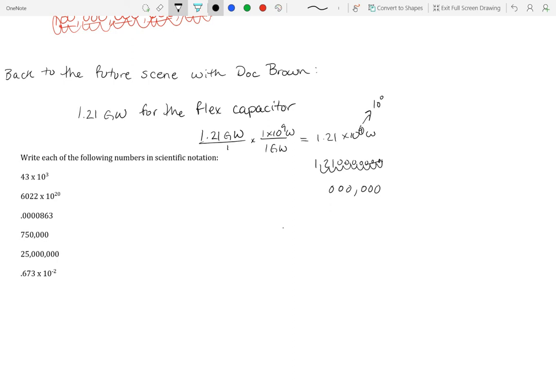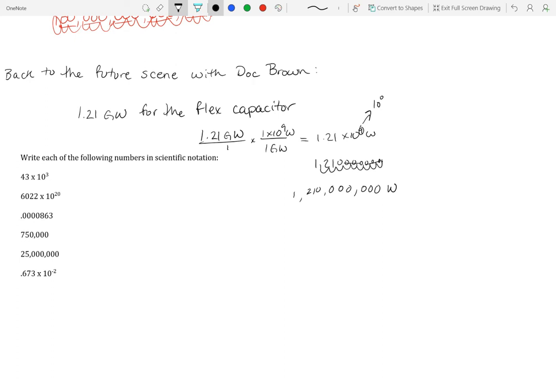Let's cross those off, an extra 0 with a 21 and a 1 right here. So what is that? 1,210,000,000 watts of power that Doc Brown needed for the flux capacitor. That's a lot of watts. Those are some silly examples to help you get a little gist of what scientific notation is.